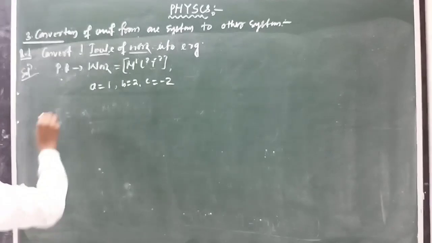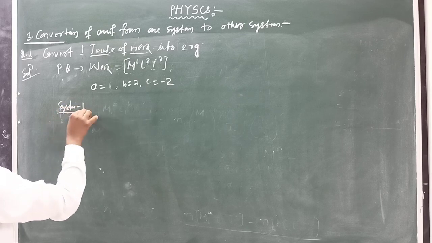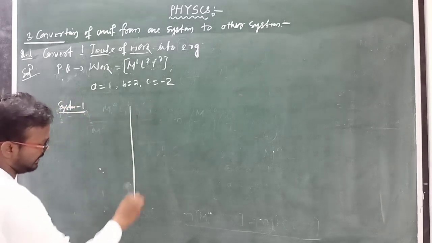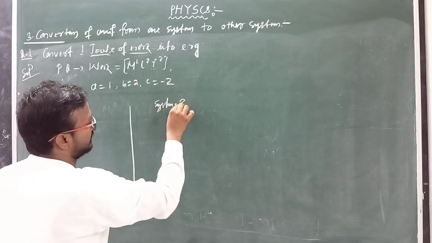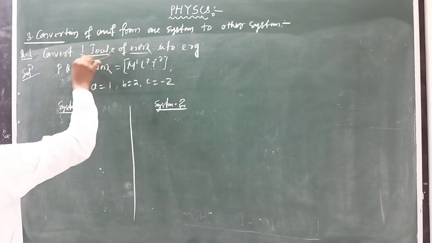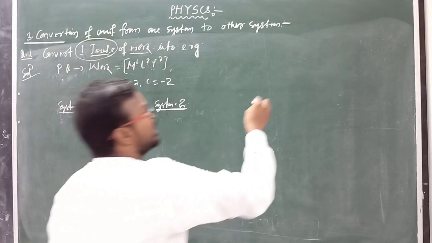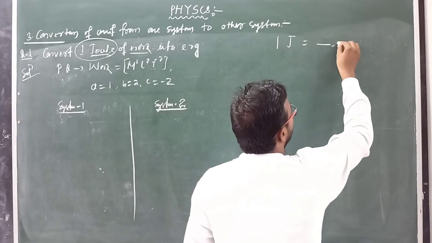Next comes system number 1 and system 2. Here we have to convert 1 joule of work, meaning 1 joule of work equals dash erg.